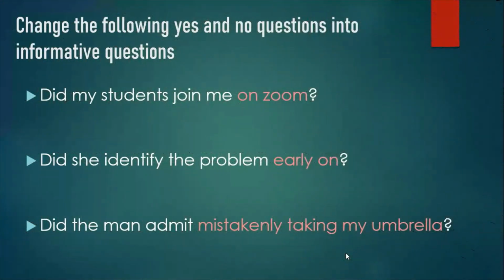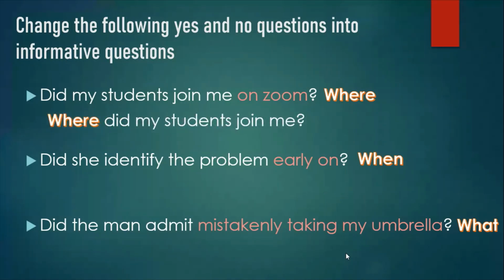So what we're going to do now is change these yes and no questions into informative questions. I have given you the WH question word to do so. Let's do number 1 together. We're going to be using the question word where.